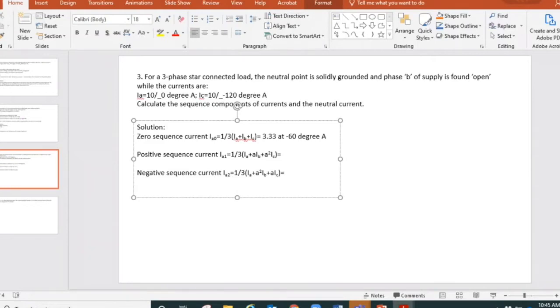But I got plus 60 degrees. I don't know, maybe my calculation was wrong, so I need to hear it from anyone. If you got 60 degrees plus, a positive angle, not negative. So I'll double check it.